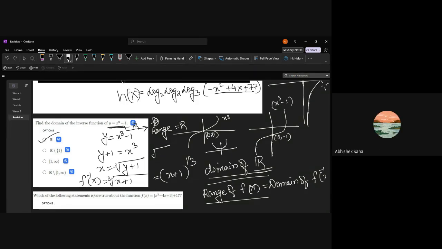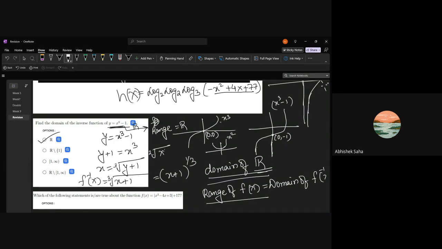Yes, sir. Understood. It is only on the positive side of y, right? So here the range is only positive. That's why the domain of the inverse of this function is restricted to the positive side.